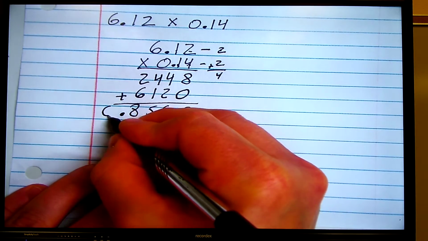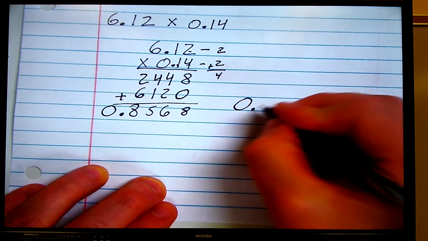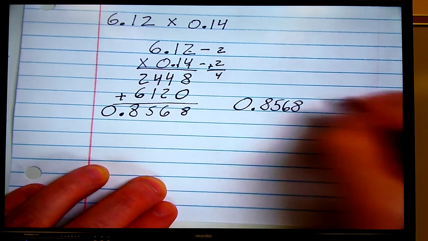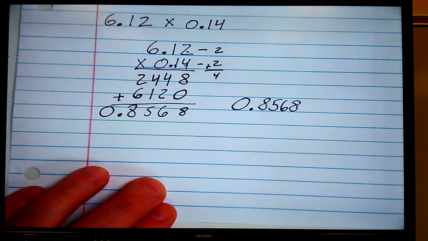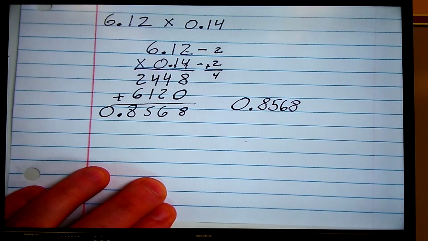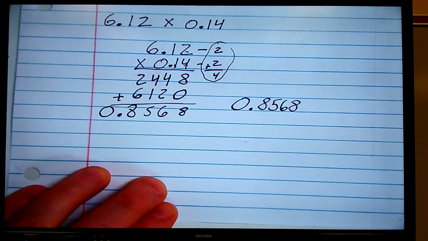I like to put a 0 right here. So my product is 8,568 ten-thousandths. Do not forget how to figure out where the decimal goes.